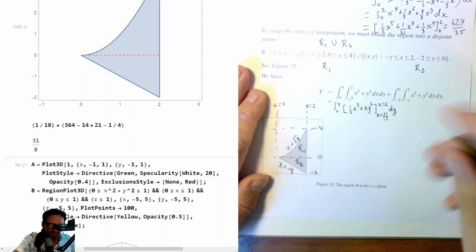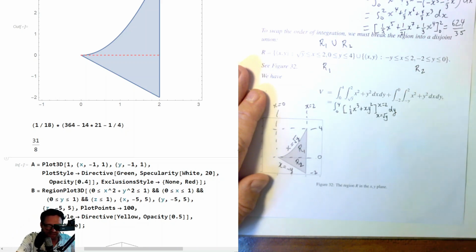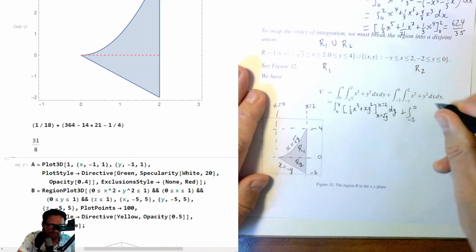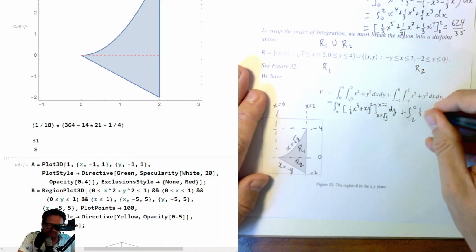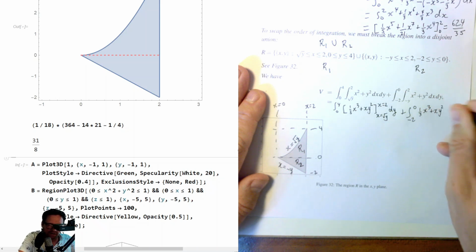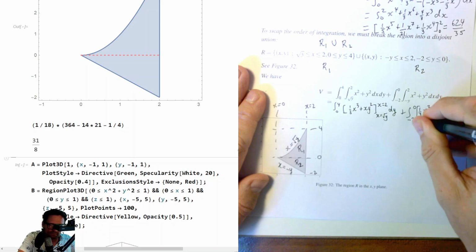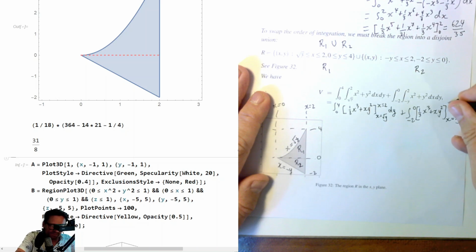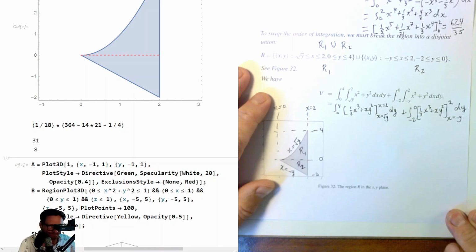Okay, now for this one, same integral with respect to x. So 1/3 x cubed plus xy squared as x goes from minus y up to 2, and then we integrate the result with respect to y.